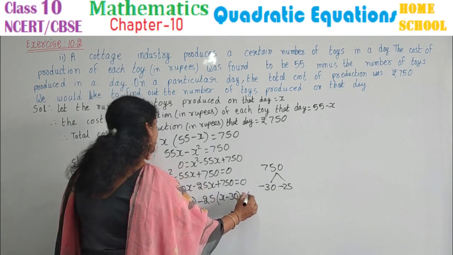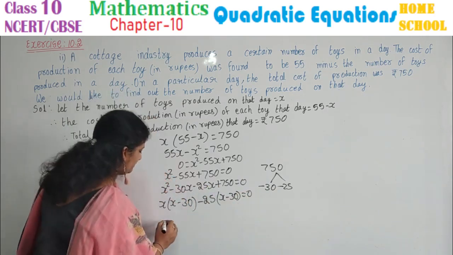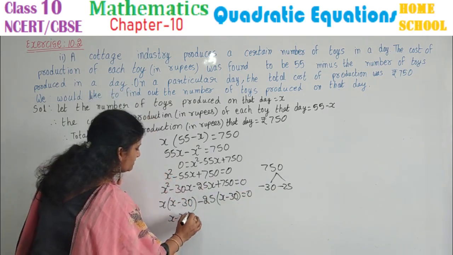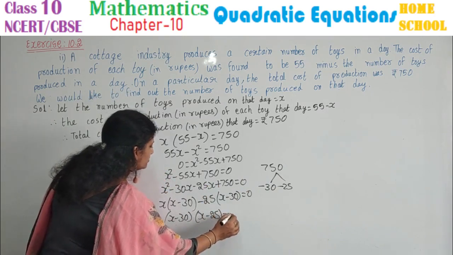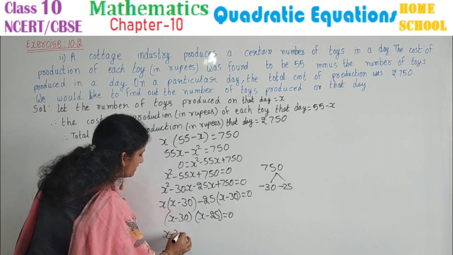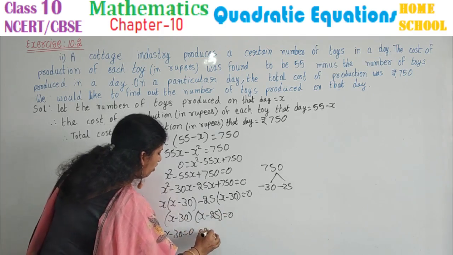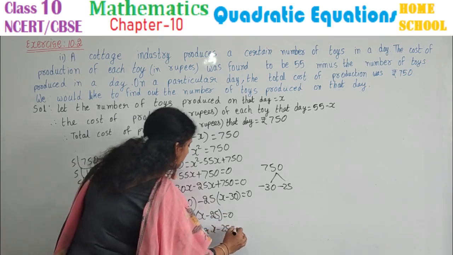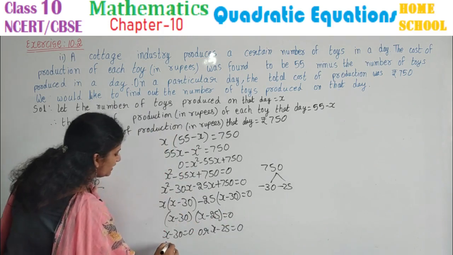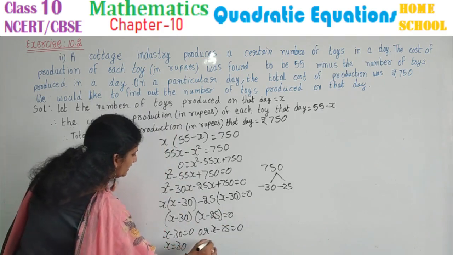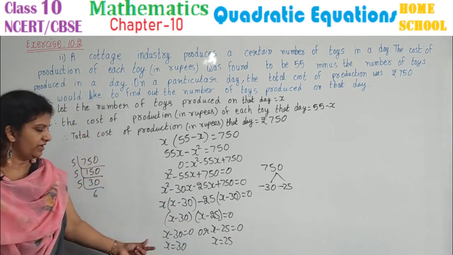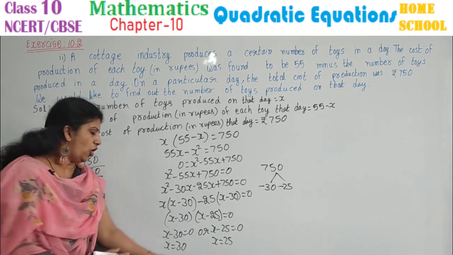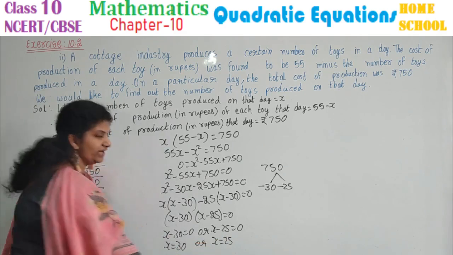When you are taking negative common, the sign will change. So x minus 30 and x minus 25. So I can say x minus 30 equal to 0 or x minus 25 equal to 0. Minus 30 sent to the other side becomes plus 30, minus 25 becomes plus 25. x equal to 30 or x equal to 25.